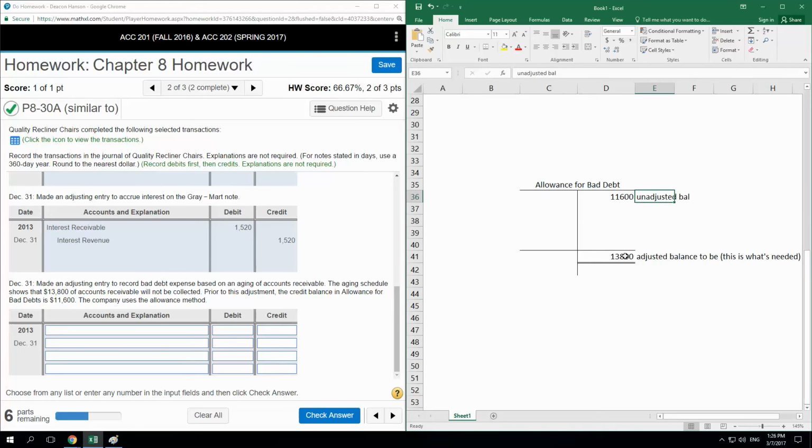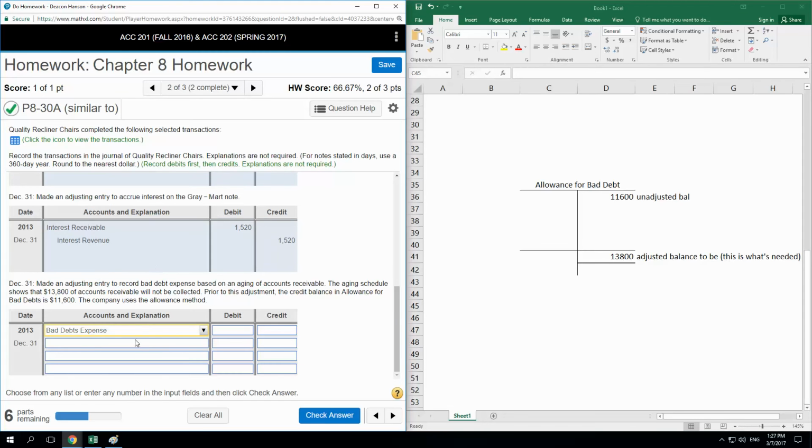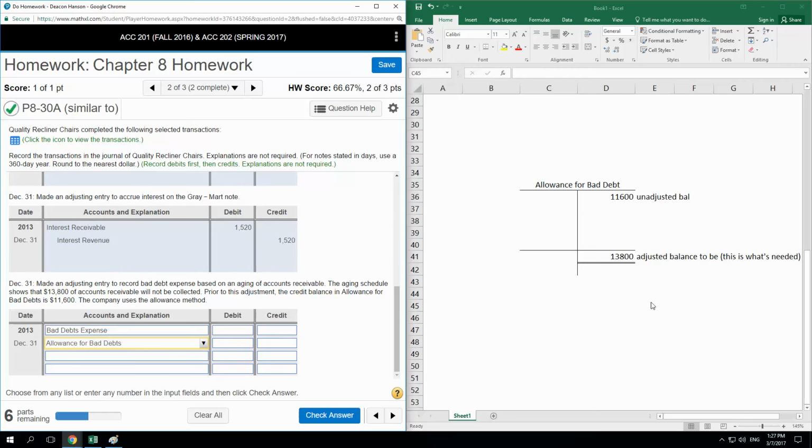Okay, so we got to make a journal entry to bring this unadjusted balance up to 13,800. Okay, and the entry would be to debit bad debt expense and credit the allowance for bad debts. Okay, for the difference, for the amount that would bring this up to that 13,800.